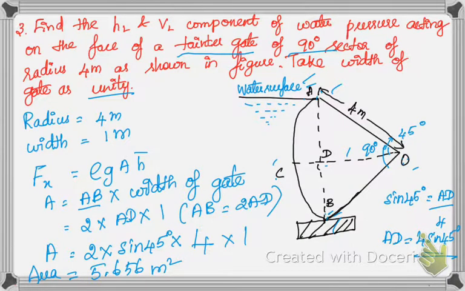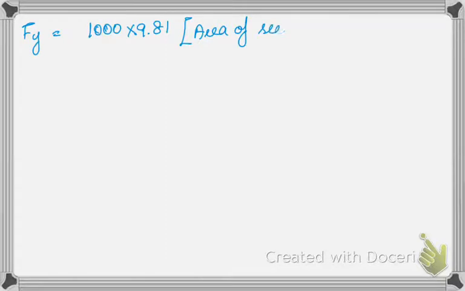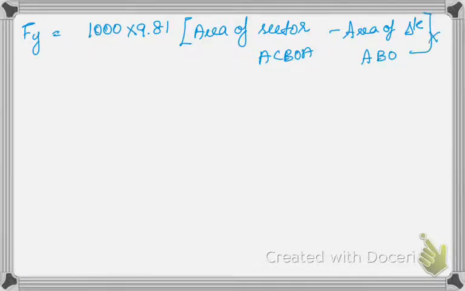So this is what I am going to do now. I am rewriting it. So Fy is equal to rho g, instead of rho g I am writing 1000 into 9.81, and instead of area of ACBDA I am writing area of sector ACBOA minus area of triangle ABO, into 1, which is equal to 9810.